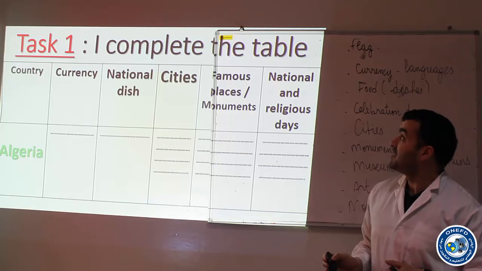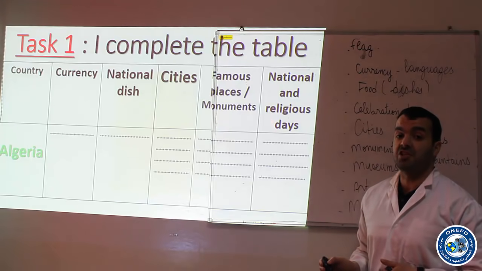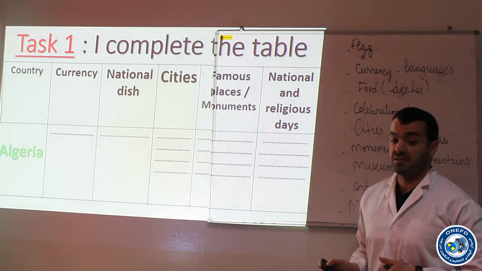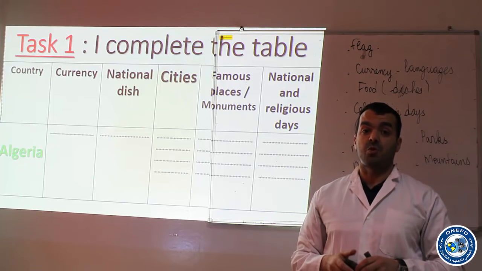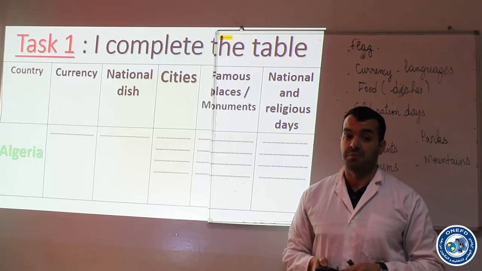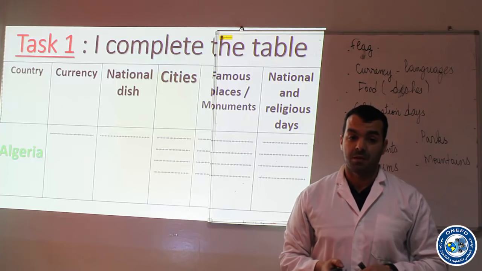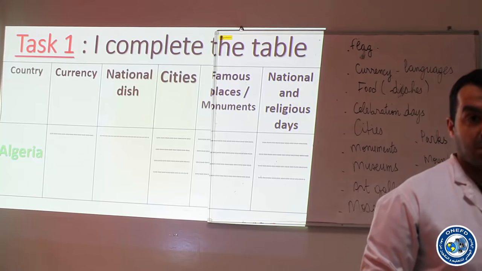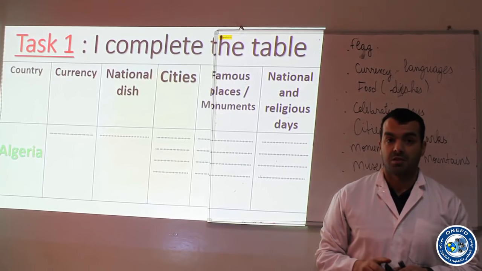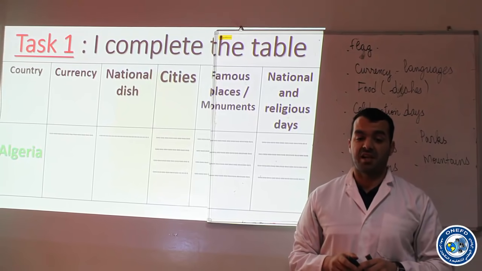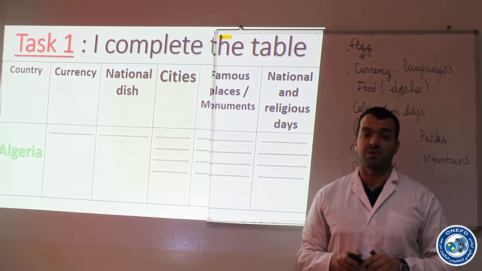And finally, what are the national and religious celebration days? I will give you 5 minutes. Try to think about it. Please write down this task and try to complete the table.